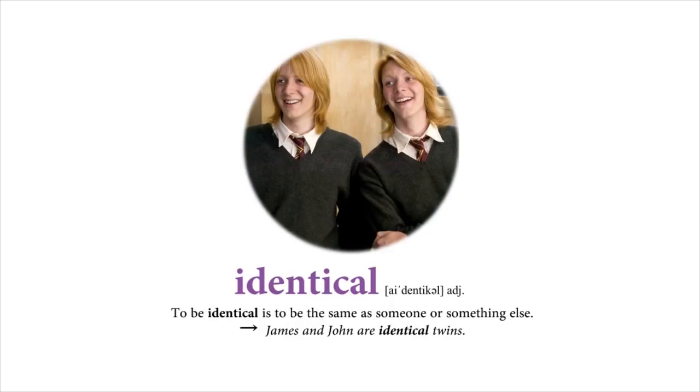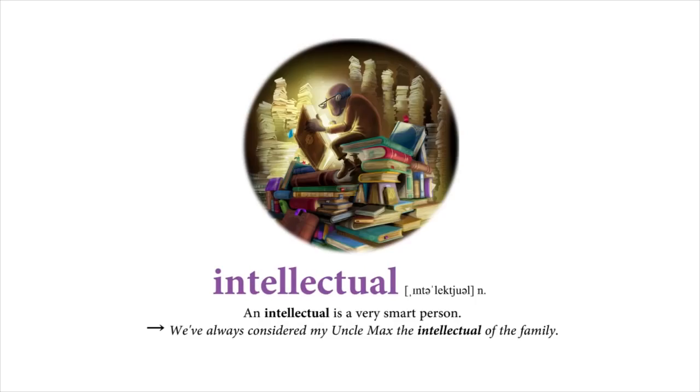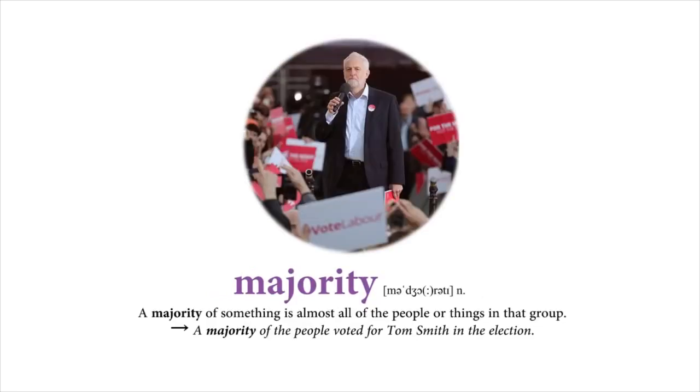Identical. To be identical is to be the same as someone or something else. James and John are identical twins. Intellectual. An intellectual is a very smart person. We've always considered my Uncle Max the intellectual of the family. Majority.